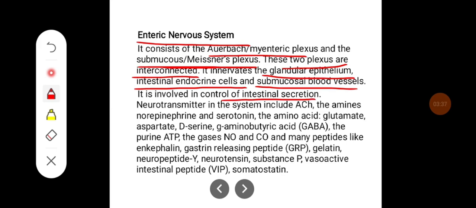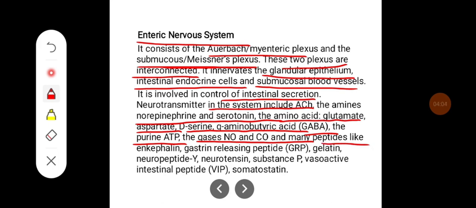Neurotransmitters in the system include acetylcholine, the amines norepinephrine and serotonin, the amino acids glutamate, aspartate, D-serine, and gamma-aminobutyric acid, that is GABA, the purine ATP, and the gases nitric oxide and carbon monoxide, and mainly peptides like enkephalins, gastrin releasing peptide, galanin, neuropeptide Y, neurotensin, substance P, vasoactive intestinal peptide, and somatostatin.